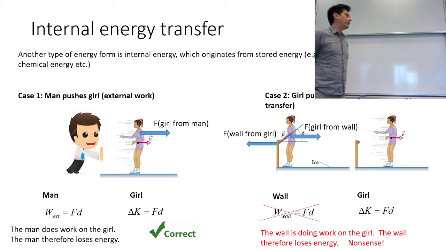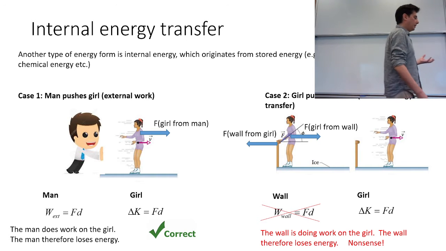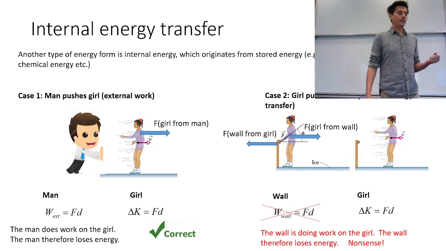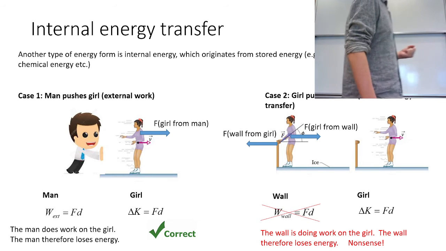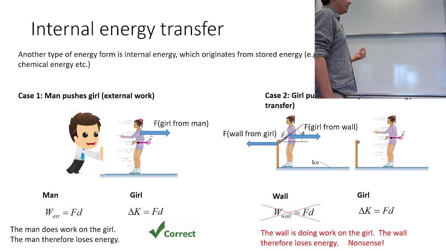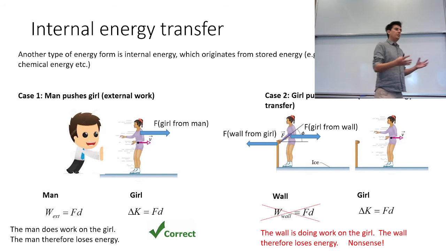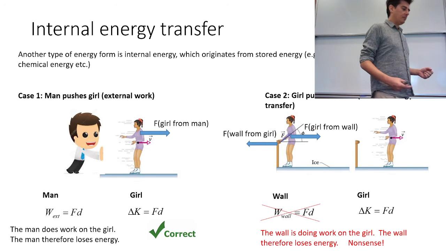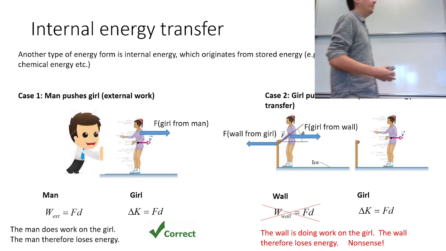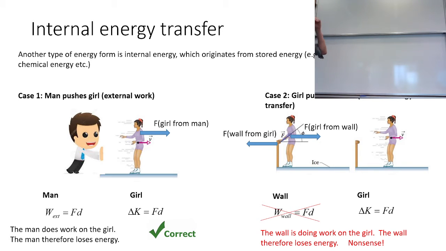Stuff is flying across everywhere. All these things, where the energy is stored in a medium that has to do with the intrinsic constituents of what you're made up of, you might call internal energy.